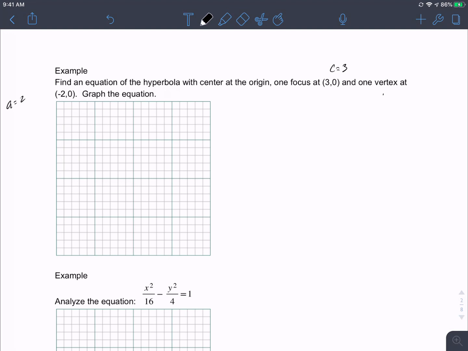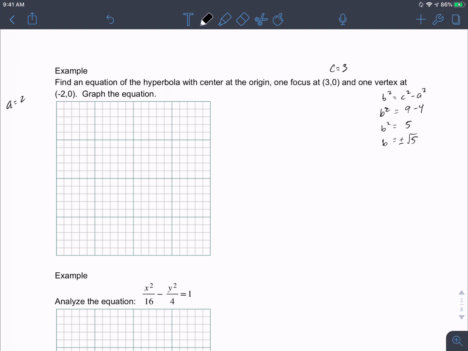So B squared is equal to C squared minus A squared from the equation that we have. So B squared is equal to 9 minus 4, B squared is equal to 5. So B is equal to plus or minus the square root of 5.